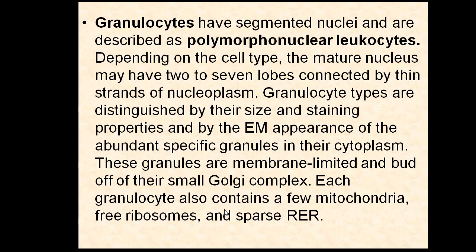If among 100 leukocytes you find one eosinophil, this eosinophil has a 1% share in the leukocytic formula. If you find 20 lymphocytes among 100 leukocytes, the percentage of lymphocytes is 20, and so on.